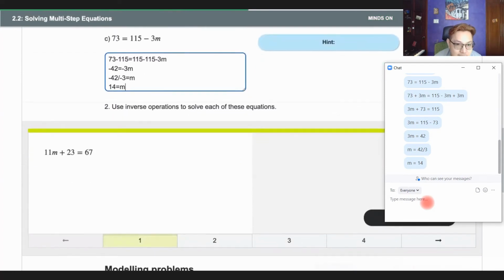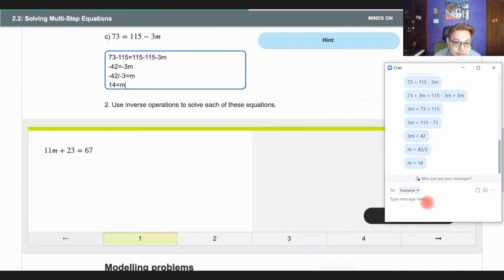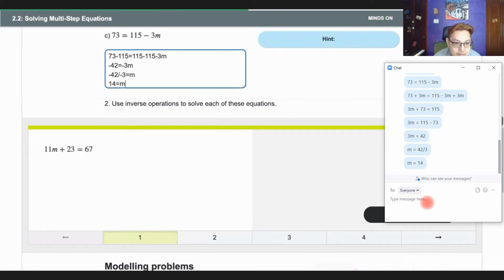Okay, use inverse operations to solve each of those equations. Let's try to solve this. So take 23 and move it to the other side, which is subtract.